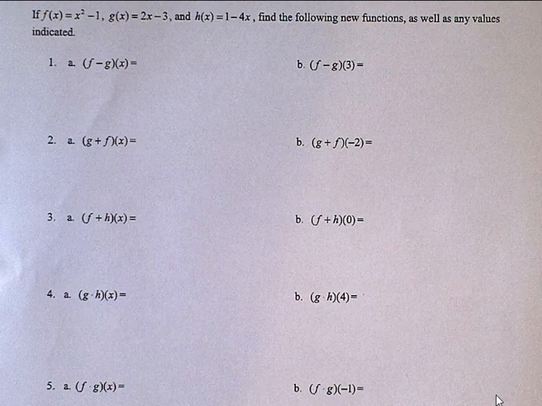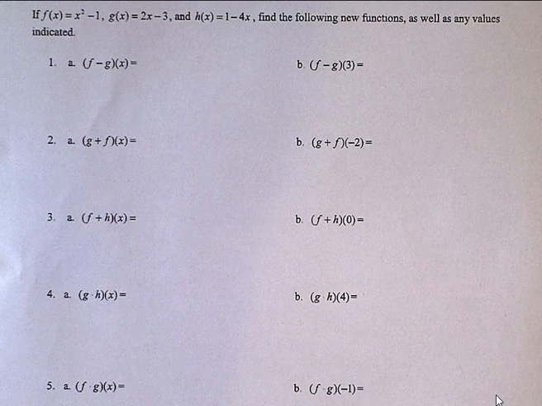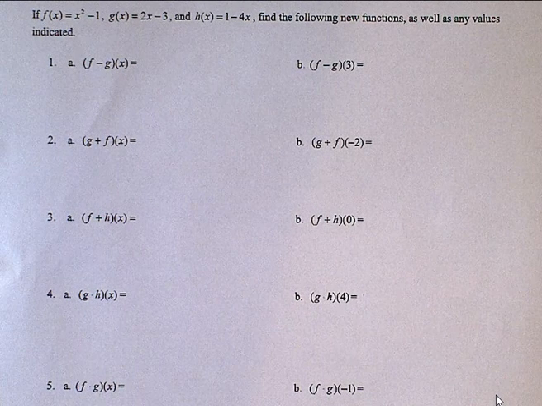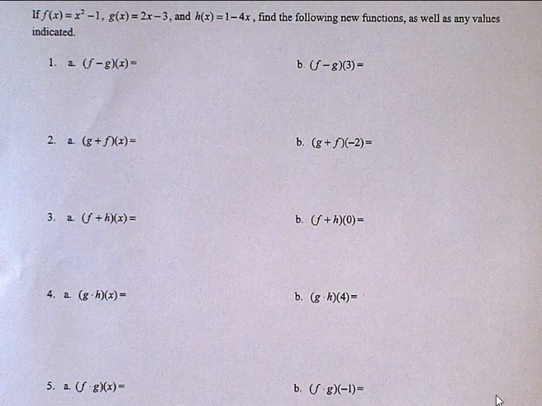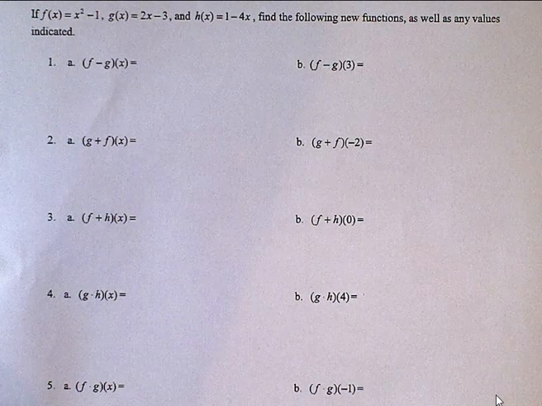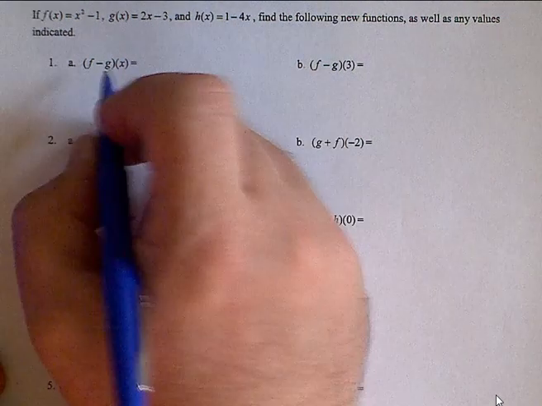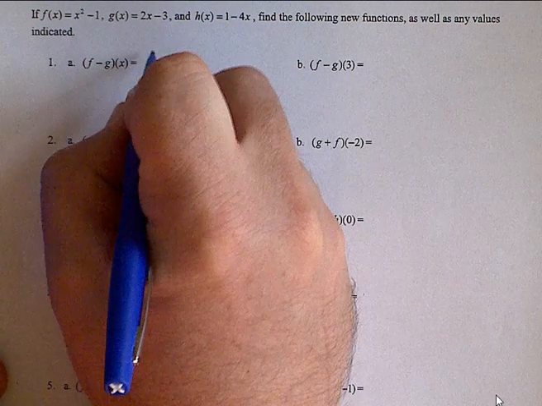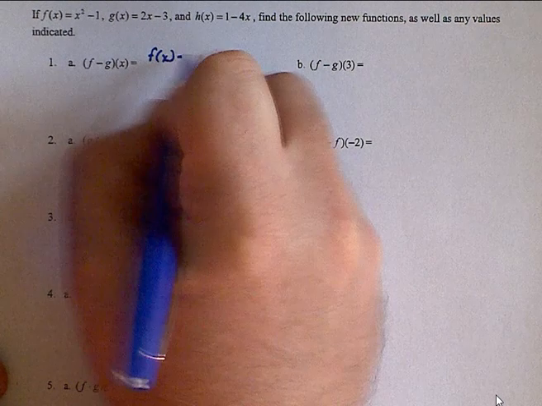Okay, so on number 1, number 1 is talking about subtraction. I want to take f minus g of x. Now to perform a subtraction problem, I want to take the two functions and plug them in. F minus g of x is the same thing as f of x minus g of x.